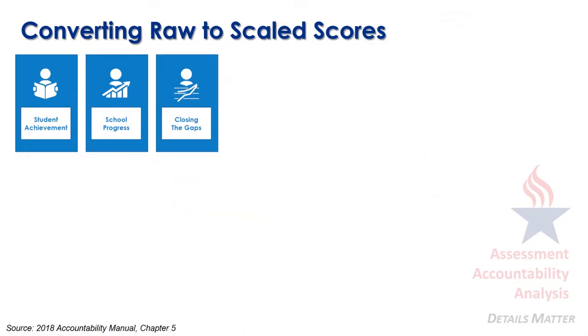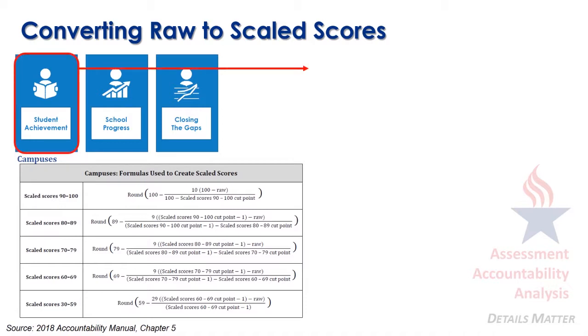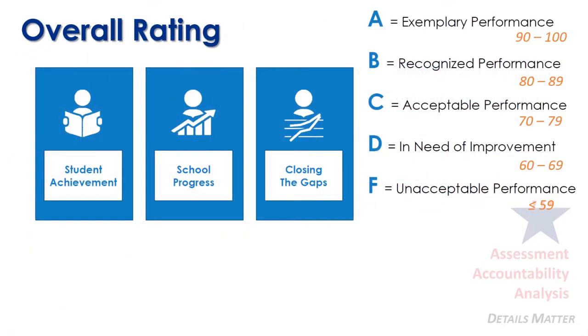But that's not all. The appropriate cut score table is then used to determine which of these 5 fabulous formulas is used to calculate the scaled score. And for the student achievement domain, there's even one more step, because the score for this domain is determined based on the type of campus. Once the scaled scores are determined, TEA can assign the rating for each domain.